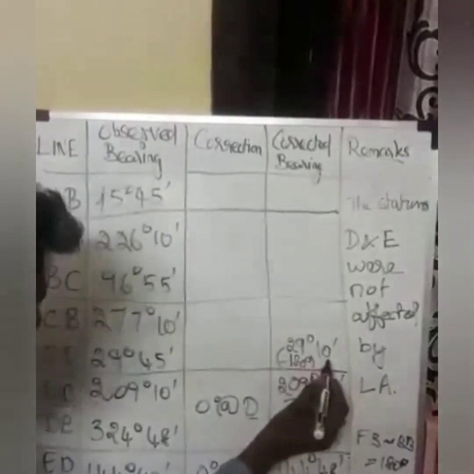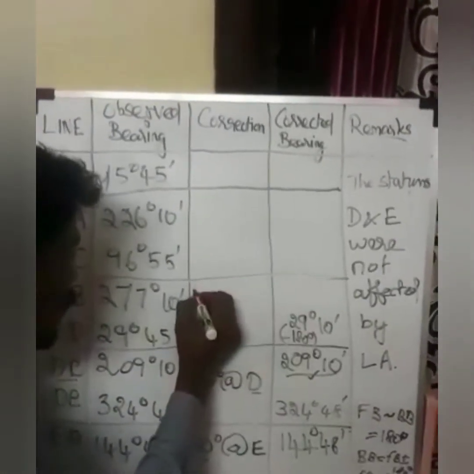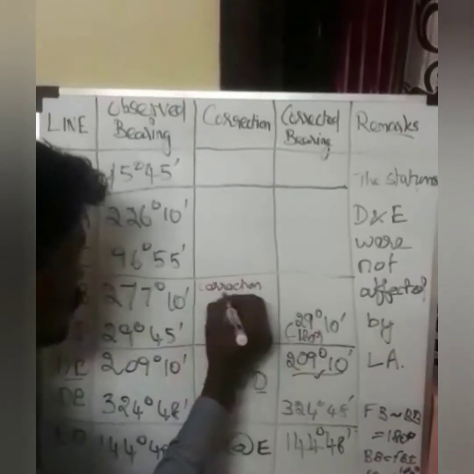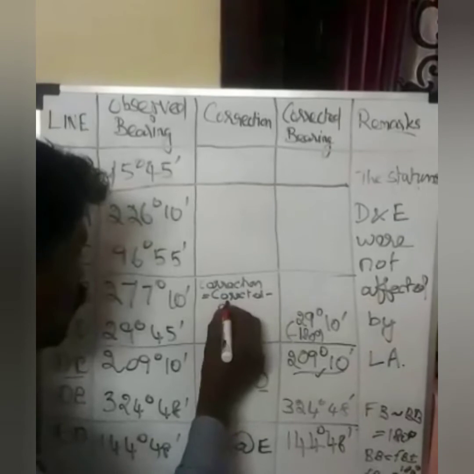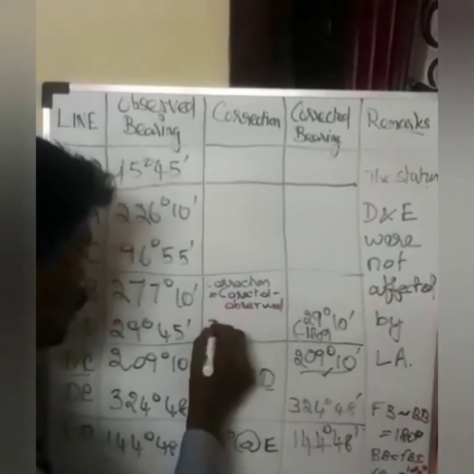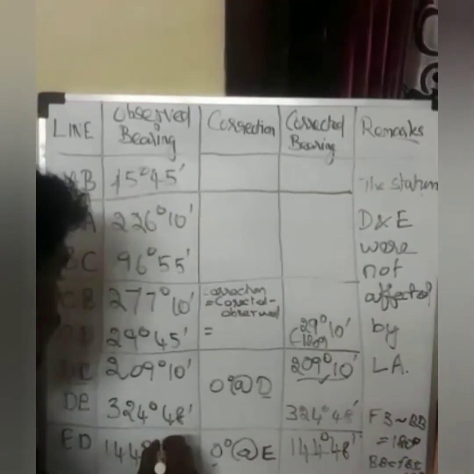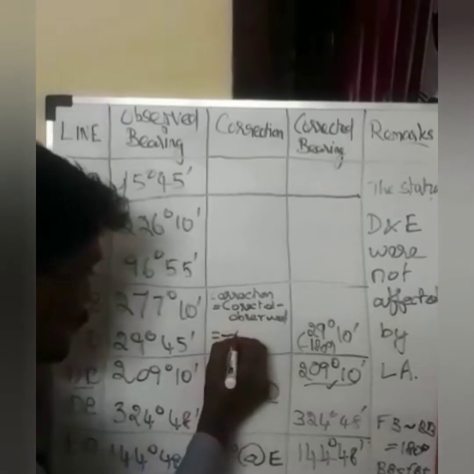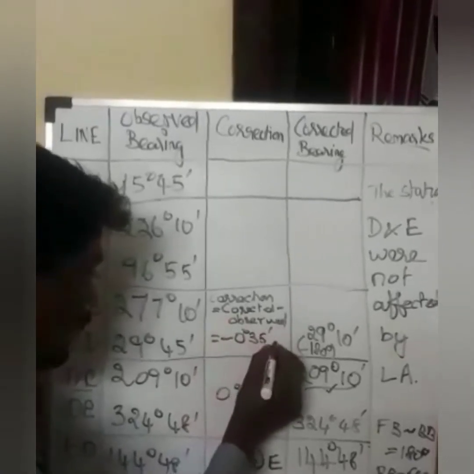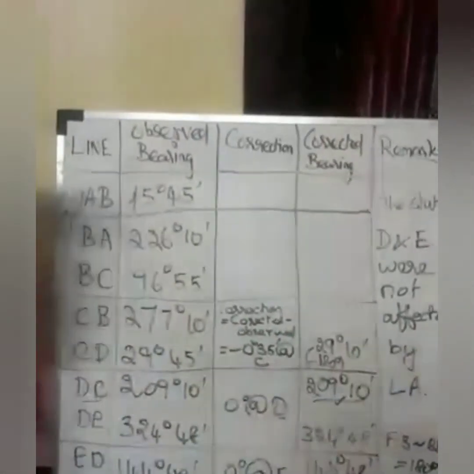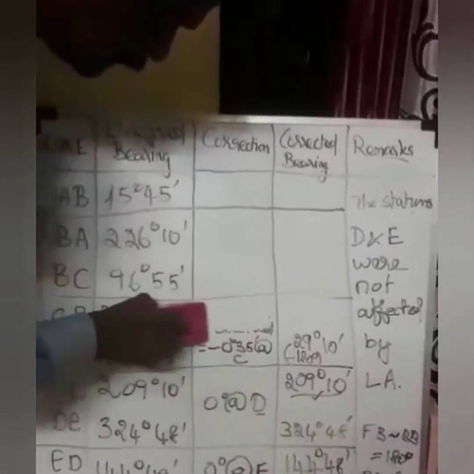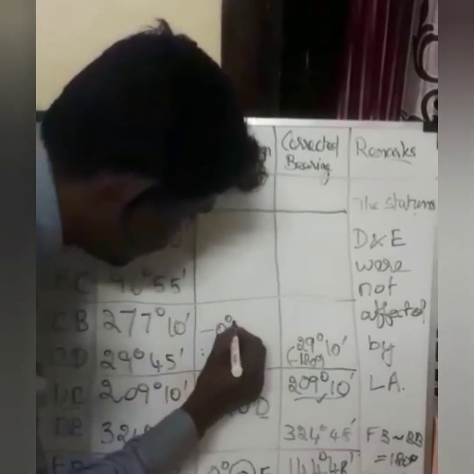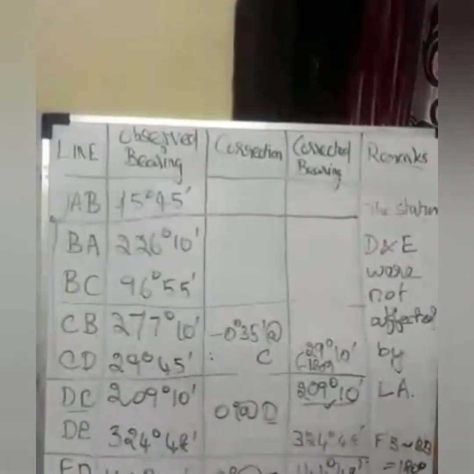The formula: correction equal to corrected bearing minus observed bearing, which is 29 degree 10 minutes minus 29 degree 45 minutes, equal to minus 0 degree 35 minutes at station C. The correction is minus 0 degree 35 minutes at station C.